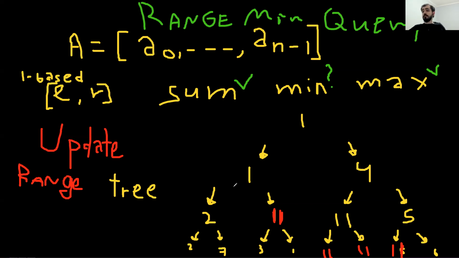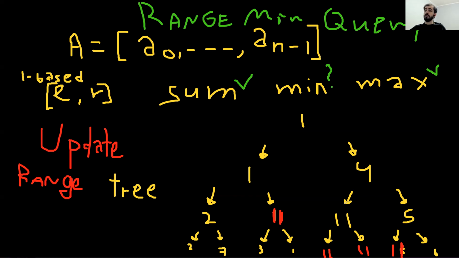And you don't care about what operation is here. You can store minimum, sum, maximum, you can store many different things in the nodes of a segment tree. The only thing you have to think about is how to update and how to push delayed updates.